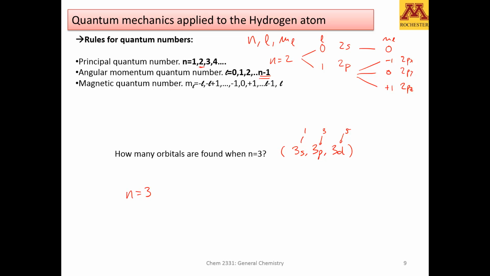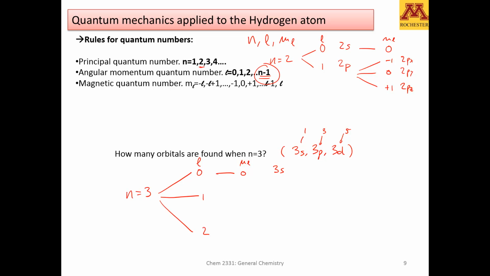Let's see. If n is equal to 3, it means that l can be 0, 1, or 2. It cannot be 3 because it can only run all the way to n minus 1, so in this case 3 minus 1, 2. And for each value of l, m sub l, the magnetic quantum number, can go from negative l to plus l. When l is 0, there's only one m sub l. We call this the 3s. We found 1.